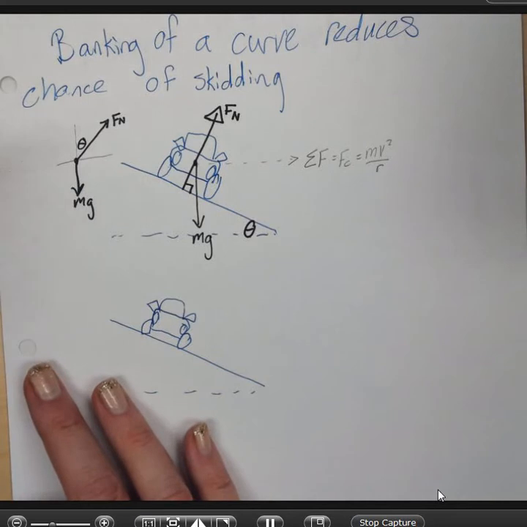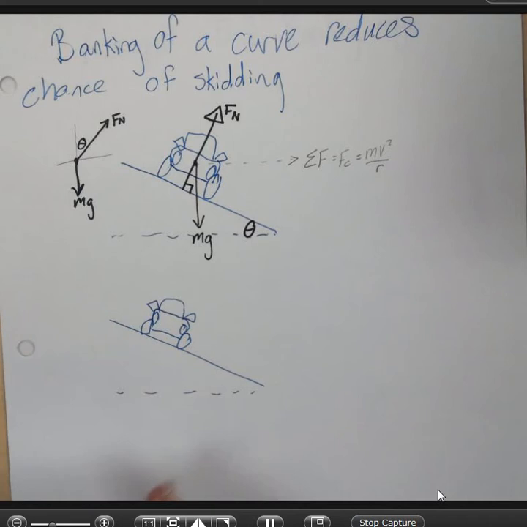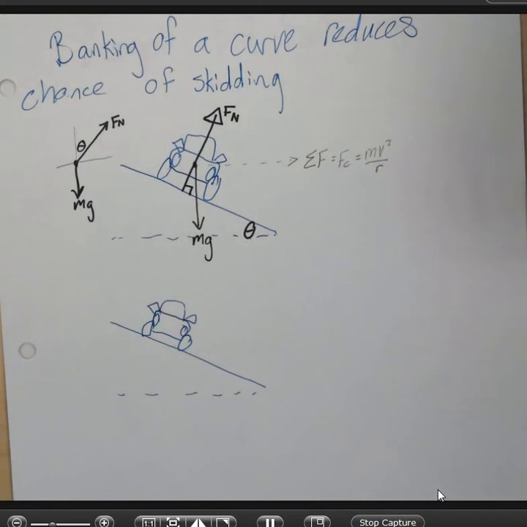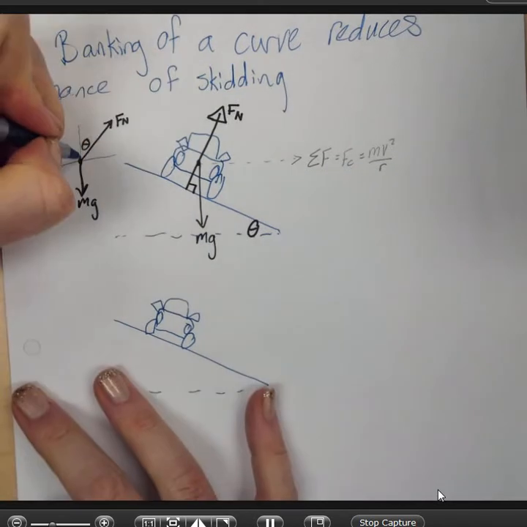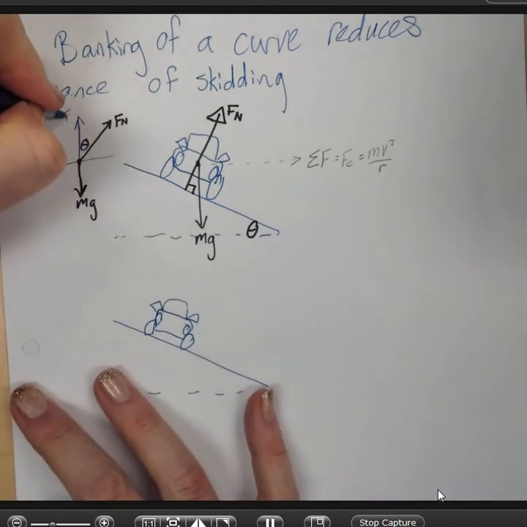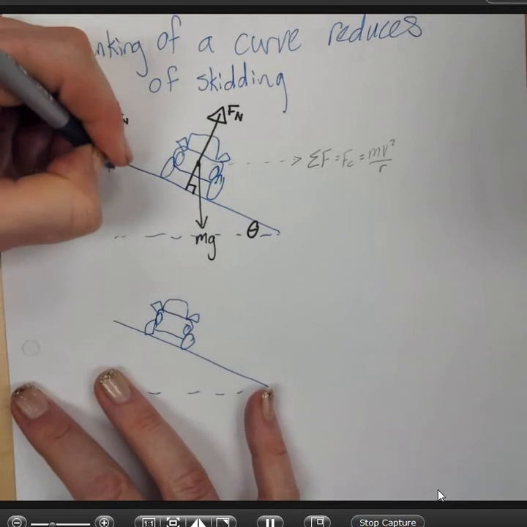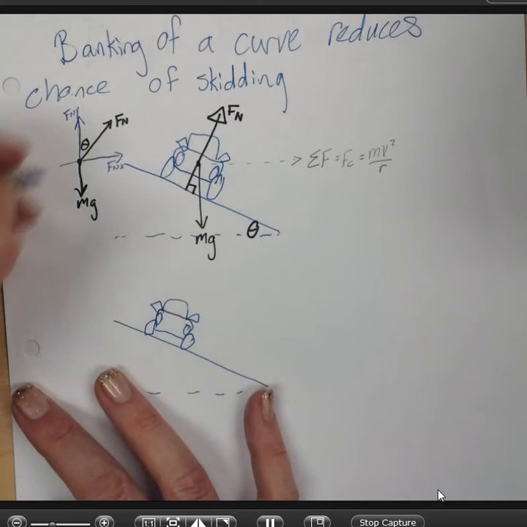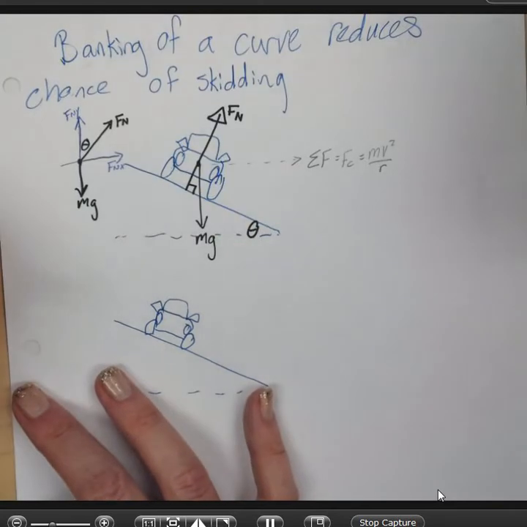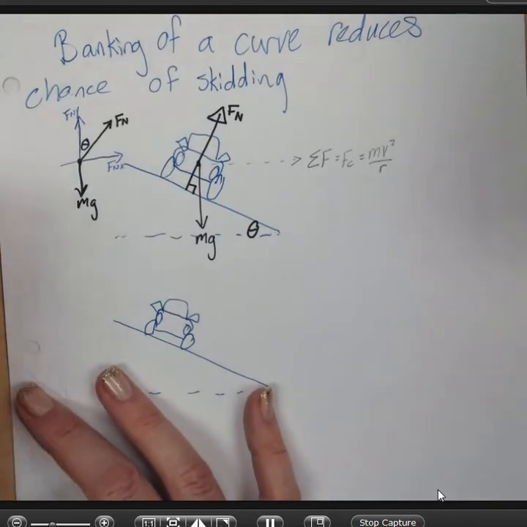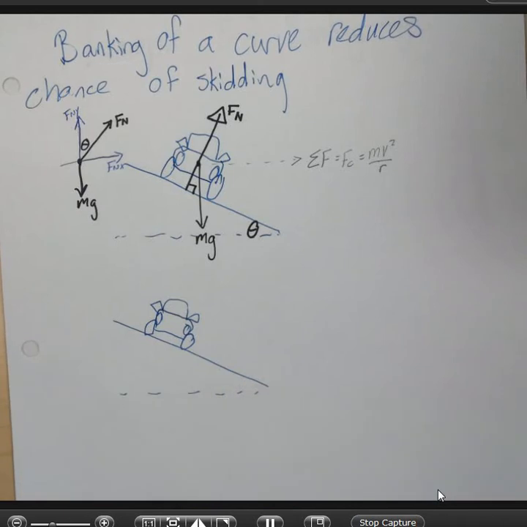Now if I break this down into components, I'm going to get a component of the normal force in the y direction and a component of the normal force in the x direction, and that x direction is the direction of our centripetal force. So now you have normal force acting toward the center of the circle.